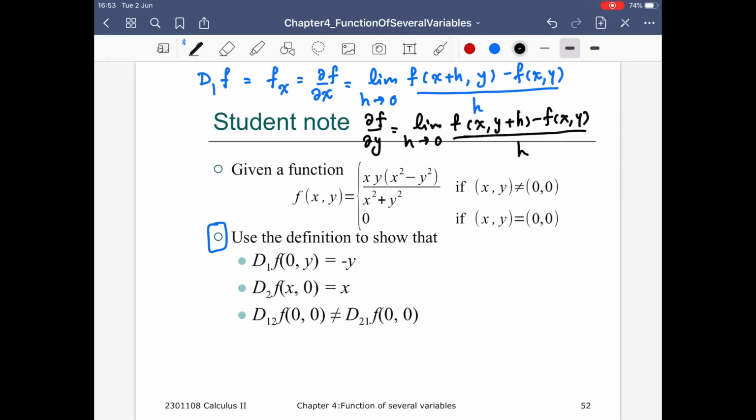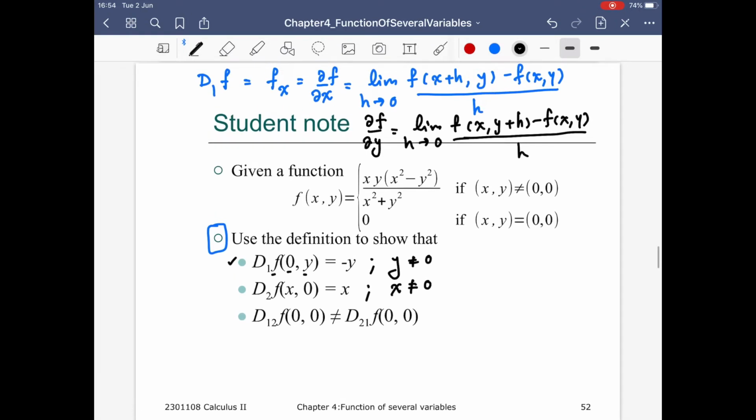Okay, so now let us go ahead and calculate the derivative with respect to x of this function at this particular point. Okay, of course, I mean this one we let your y is not 0 first. This one we let your x is not 0 first. Okay, so let's look at your first one.